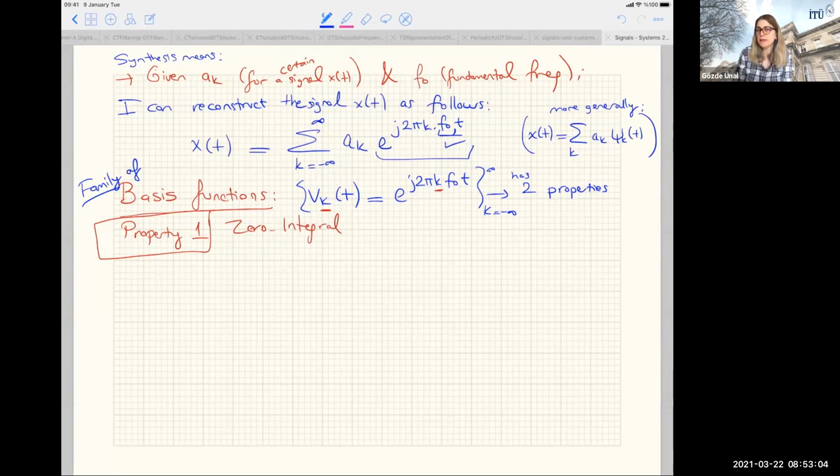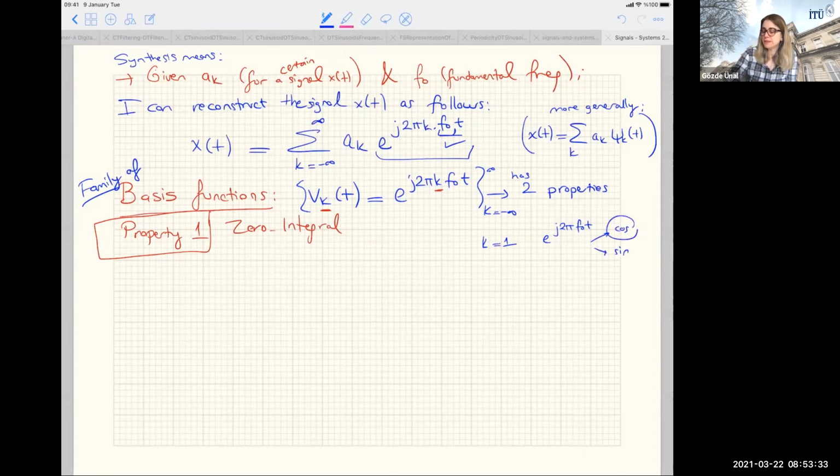For instance, with k equals 1, I get a sinusoid that oscillates with frequency f0. With k equals 10, I have another basis function that oscillates much more rapidly, at 10 f0. For k equals 1, we said e to the j 2 pi f0 t. It has two components, remember?